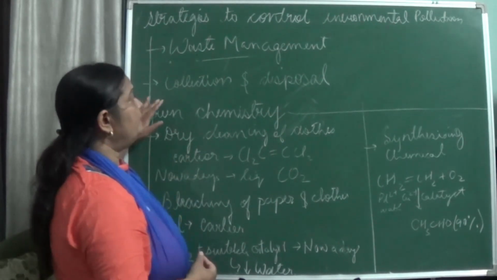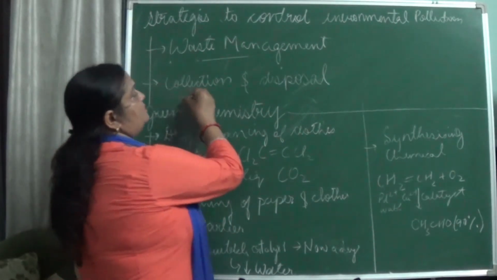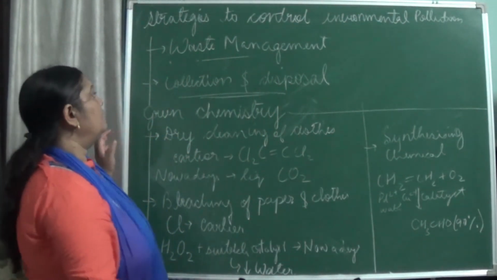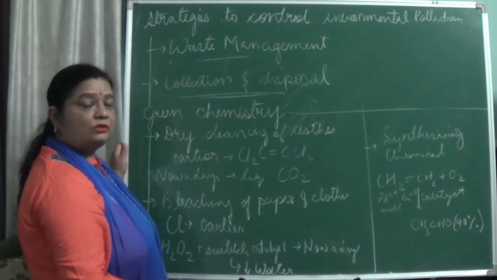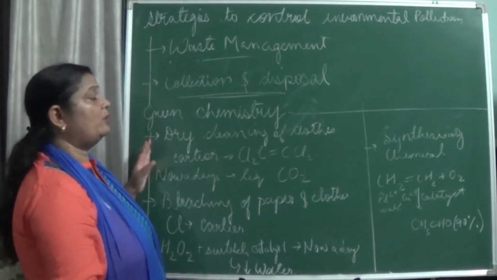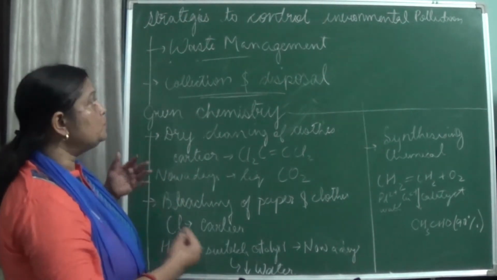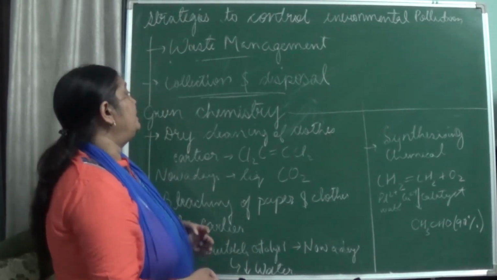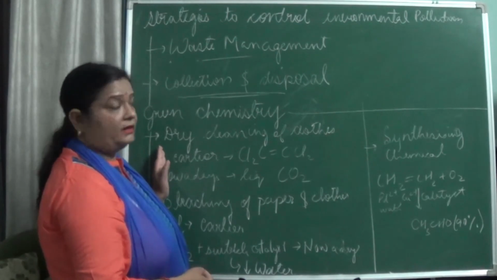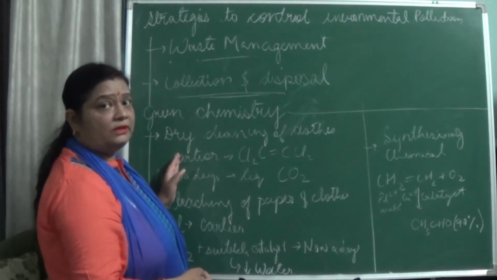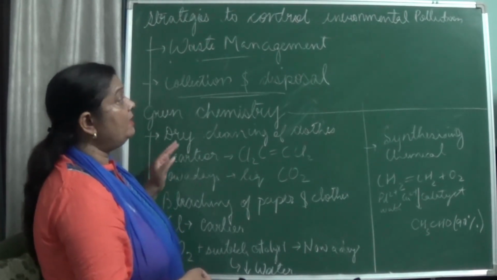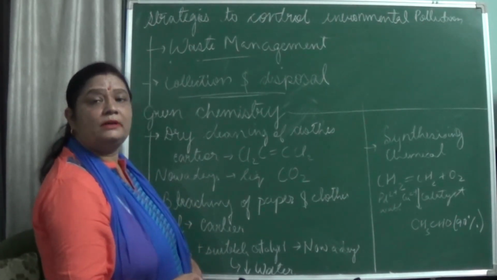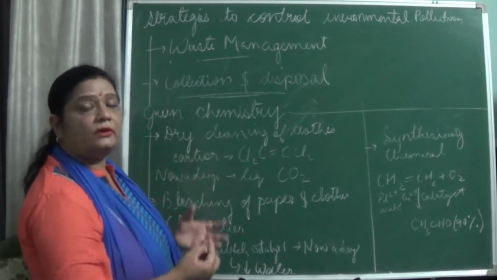For that, collection and disposal, how should this be done? Organic waste and inorganic waste should be collected separately, so that organic waste can be used to prepare compost. For inorganic waste, landfilling can be done, but we should think of other things, because if it is non-biodegradable, it is not good for the environment.